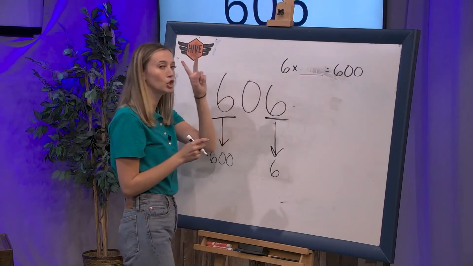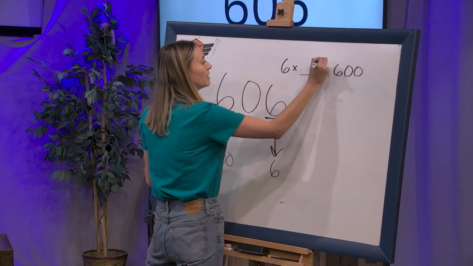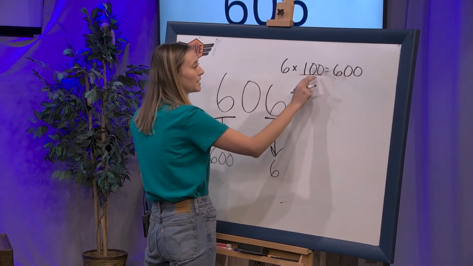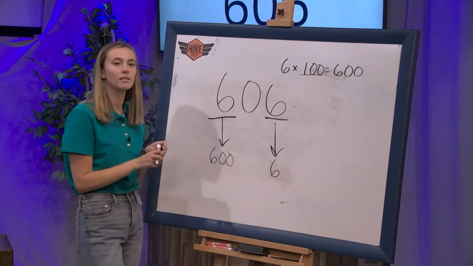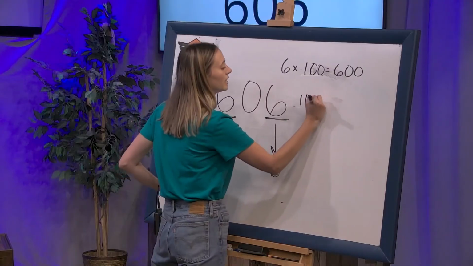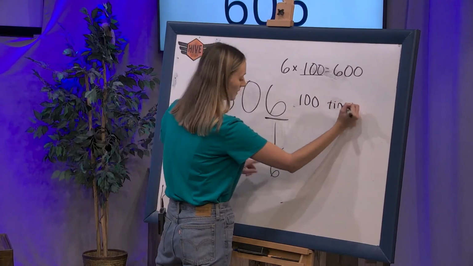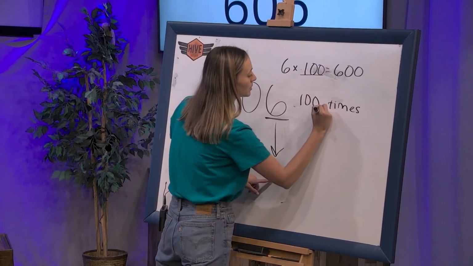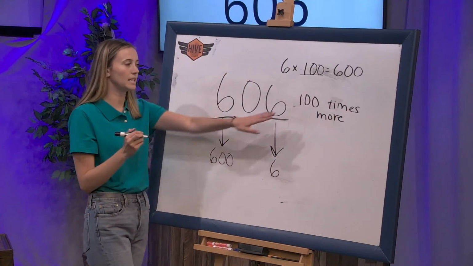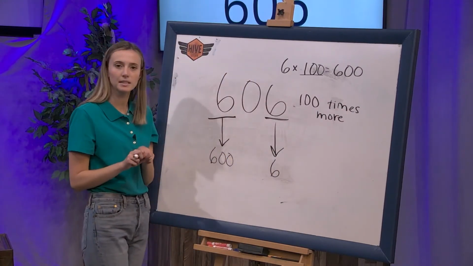You need to add 2 zeros. 1, 2. And then remember to put the 1 in front, so 6 times 100 is 600. So this 600 is 100 times more than this 6. So I'm just going to write 100 times more. So 600 is 100 times more than 6.